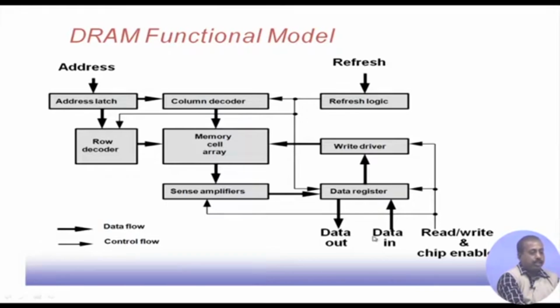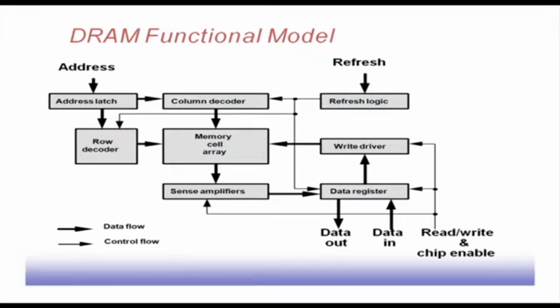On the other hand, if it is a write operation, then the data in the data register is put into the write driver. Again, the row and column address decoders select a particular cell, and accordingly the value gets written onto that cell through the bit and bit bar lines.